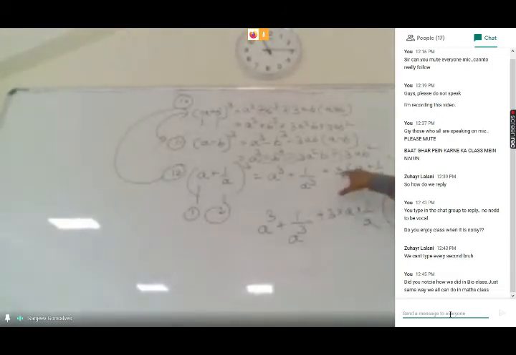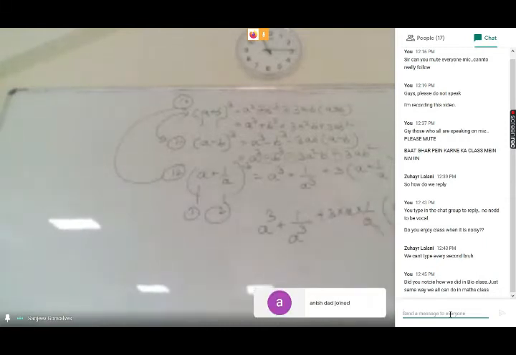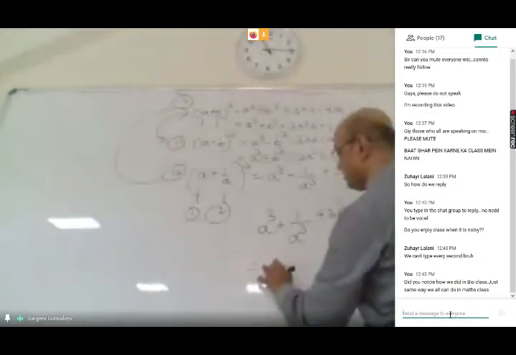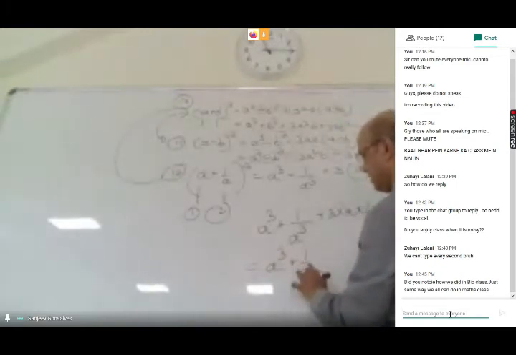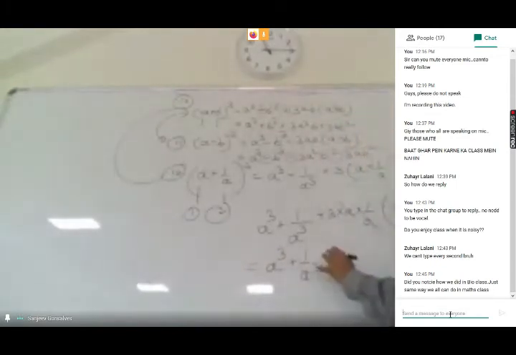Sir, we can't see what you wrote. a cube plus 1 upon a cube plus 3 inside the bracket a plus 1 upon a.